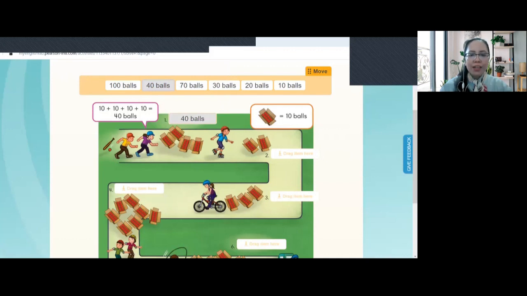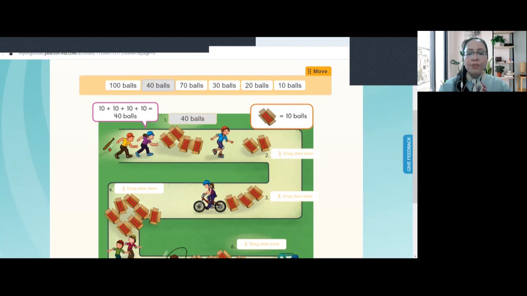Here on my screen, I have to follow the path also, count, but I just drag the numbers to the right place or the right number. For example, number 1, yeah? There are 4 boxes. Each is filled with 10 balls. So 10 plus 10 plus 10 plus 10 equals 40 balls.